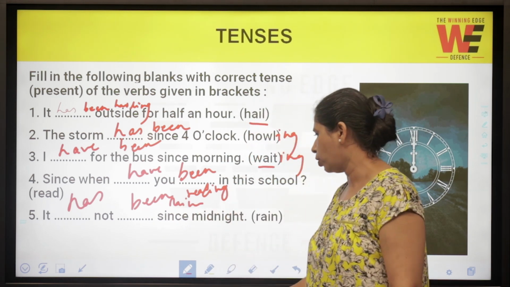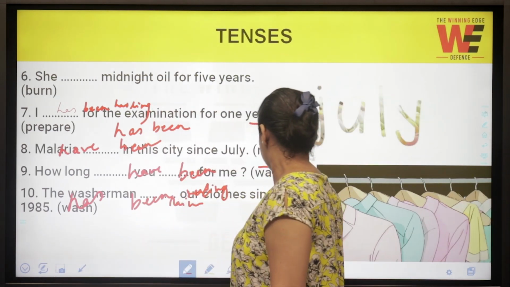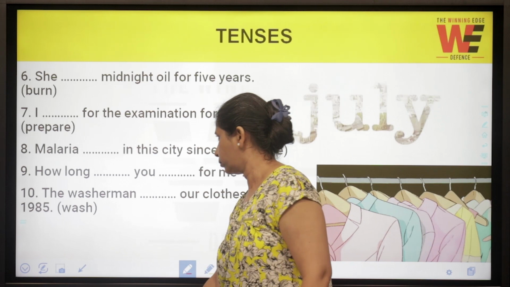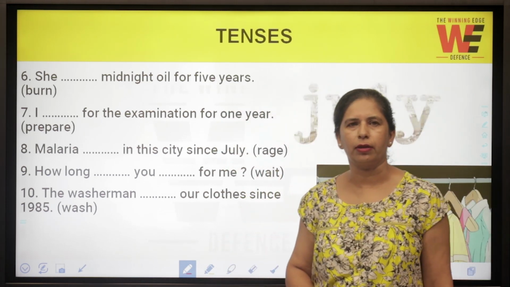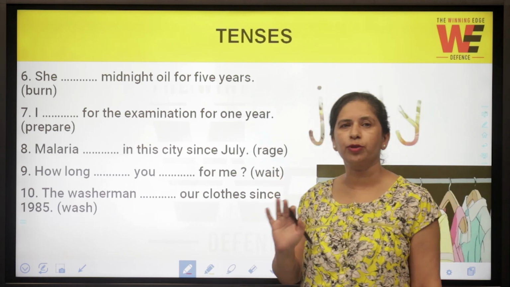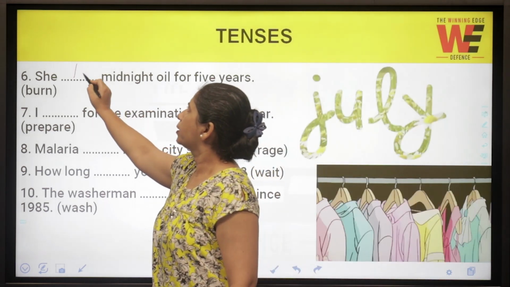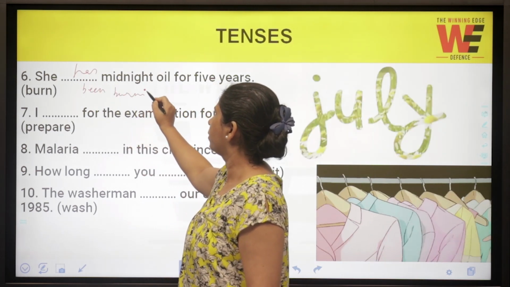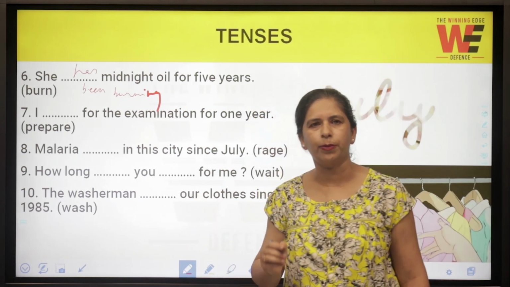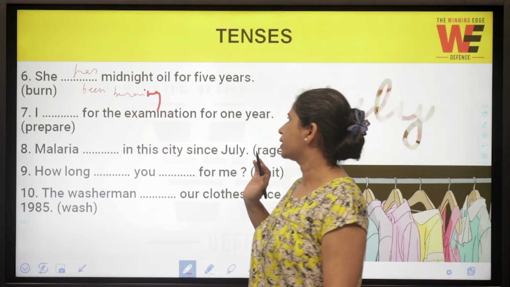Okay. Moving on to a few more questions. She dash midnight oil for 5 years. What could it be? She has been burning midnight oil for 5 years. I dash for the examination.